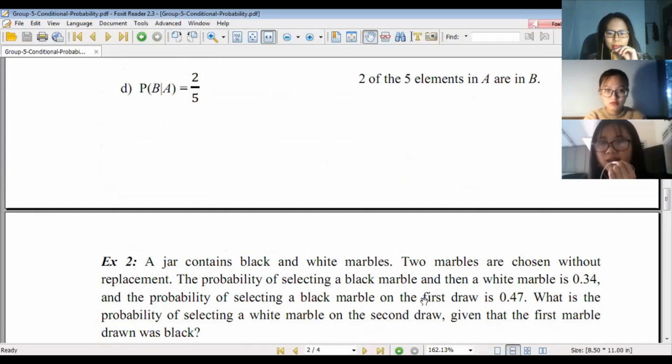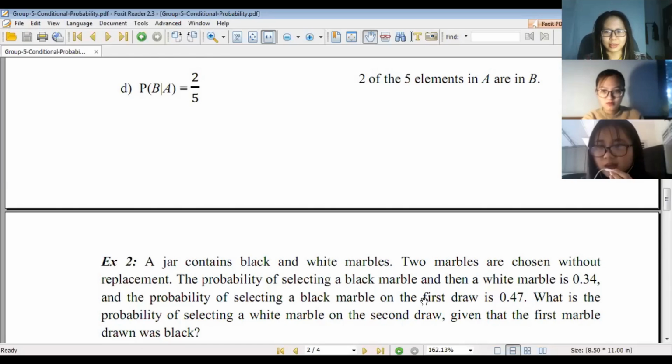So who can continue doing this? You see that the probability of selecting a black marble and then a white marble is 0.34.